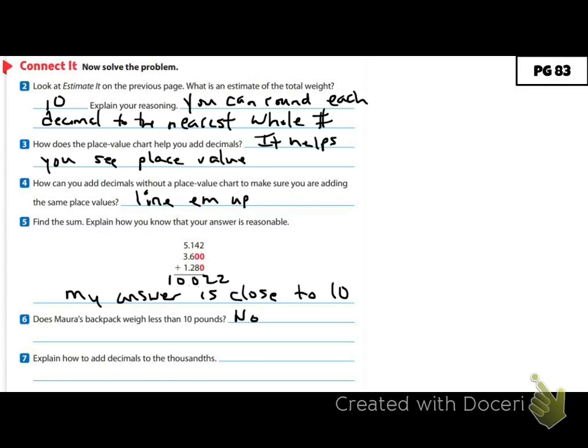No. It's over. What's it over by? 22 thousandths. And then how do you add decimals to the thousandths? Line up the decimals.